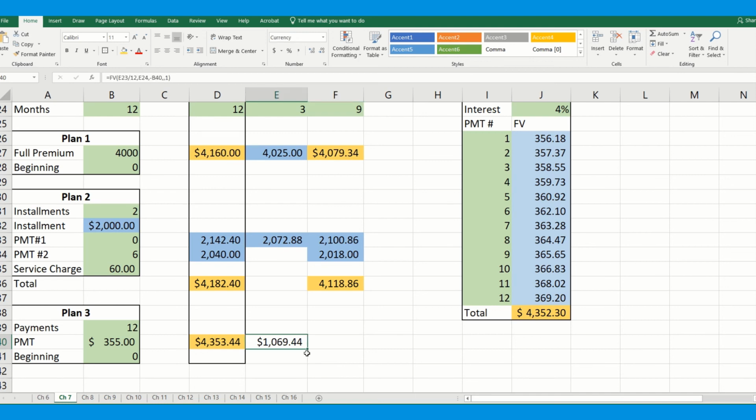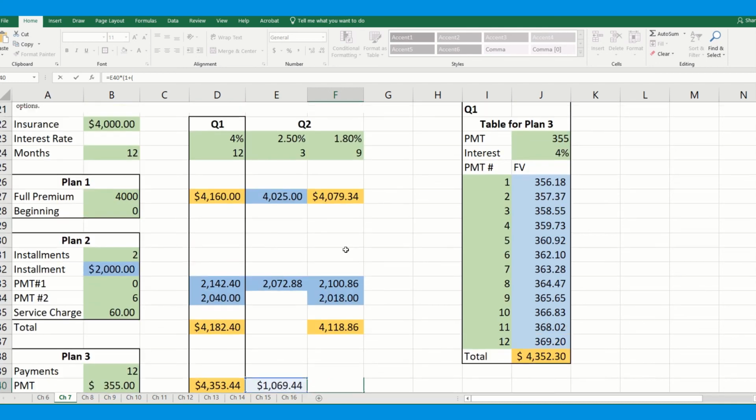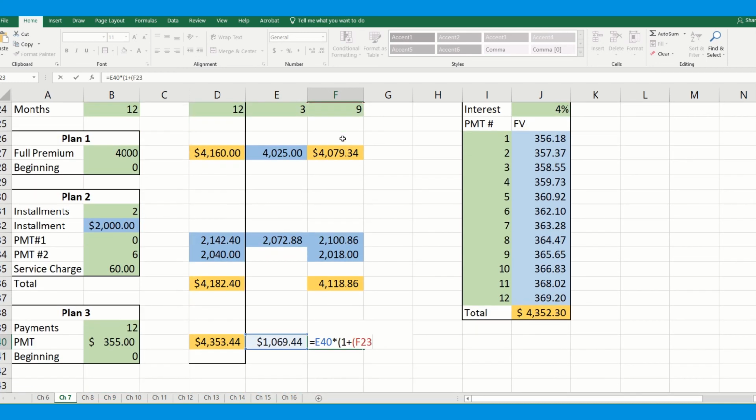Now what's going to happen is my 1,064, pretend it's a lump sum, will now grow for the last 9 months. So I will use the simple interest formula that says equals the present value, which is this value here, times bracket 1 plus bracket my interest rate, which is up here, times 9 months divided by 12.